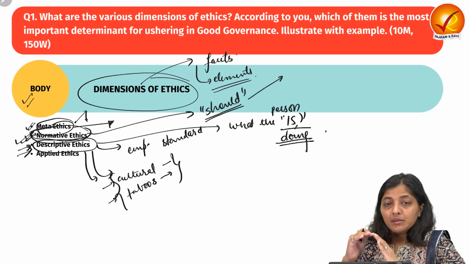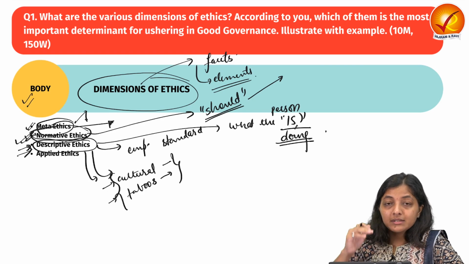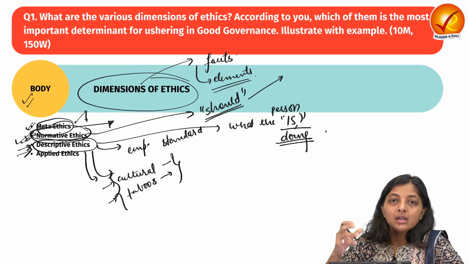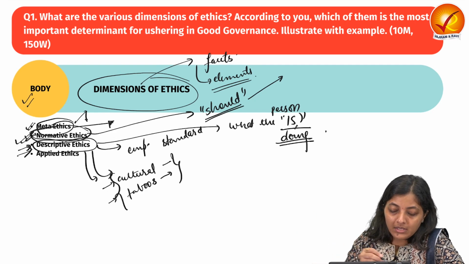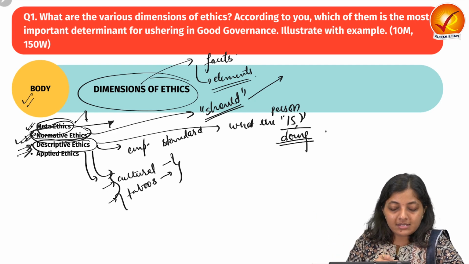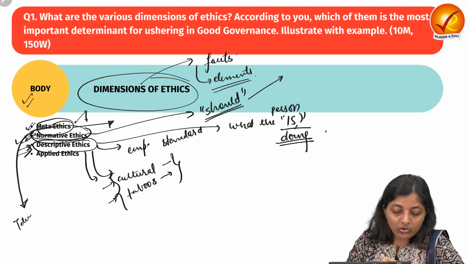It is the major utopian concept of how a human should deal with things or behave in a particular manner. Normative ethics again has different approaches: first is the teleological approach, then the deontological approach, and the virtue approach.